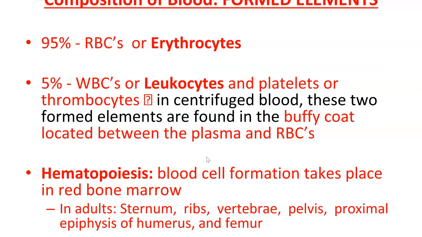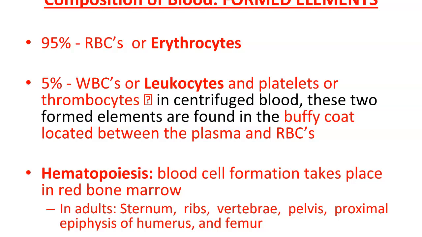Now remember that 55% of blood is plasma, is liquid. Out of that 55%, 92% is water, 7% are proteins, and the remainder are other substances.